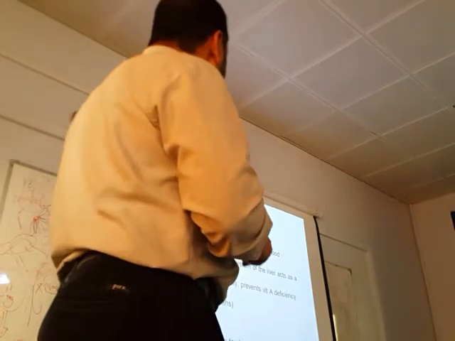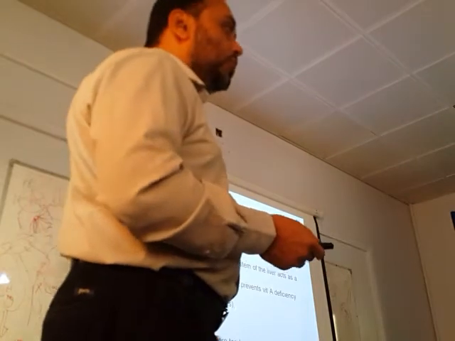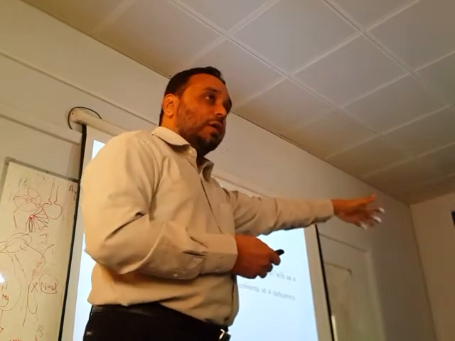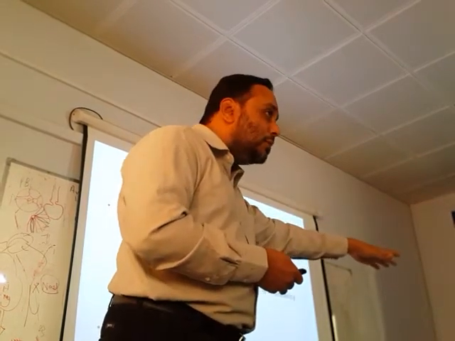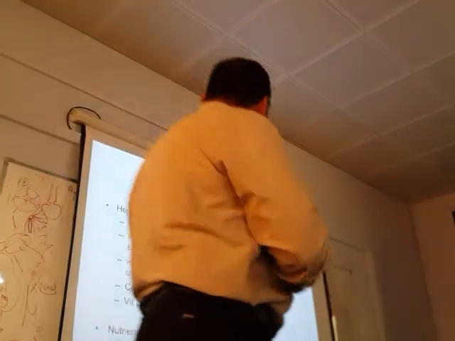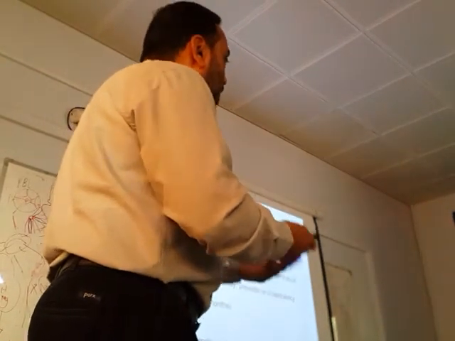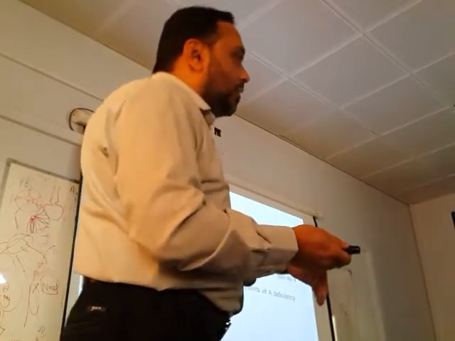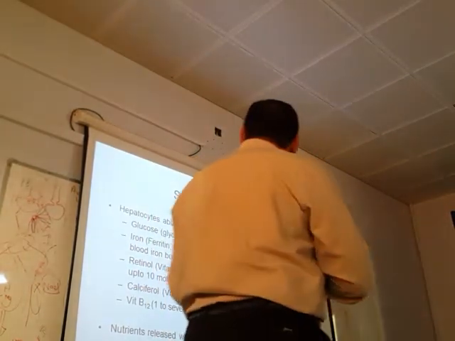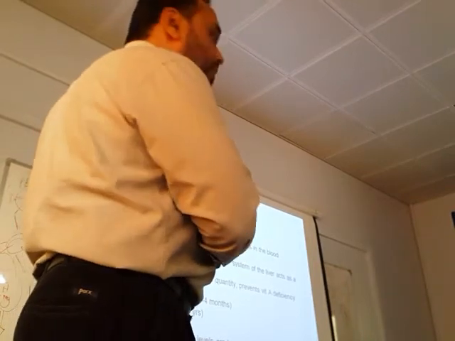Okay. Storage of nutrients. Now most of the things you already know, for example glucose. No need to tell you about that, isn't it? We took this in endocrine also, during our class on the endocrine function of the pancreas, insulin, glucagon, etc. So glucose is stored in the form of glycogen, and at the time of need, during fasting or starvation, it is reconverted back into glucose. So the liver acts like a storage for glucose, for iron, for retinol, for calciferol, which is vitamin D, and for vitamin B12.